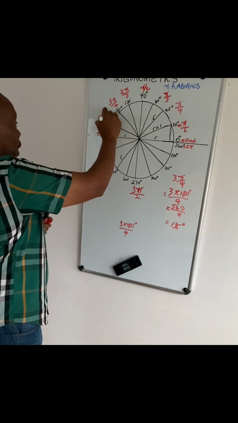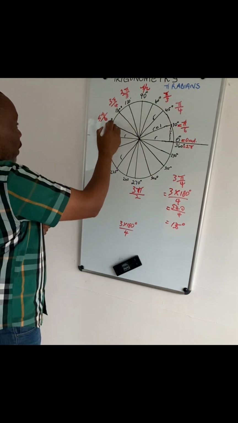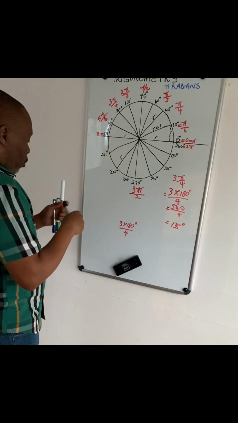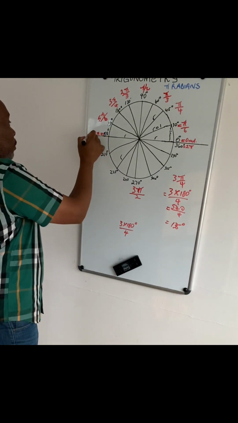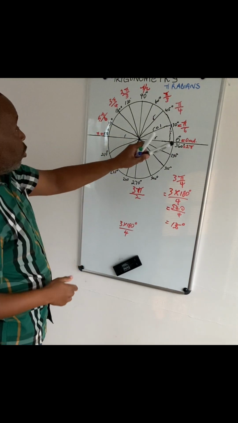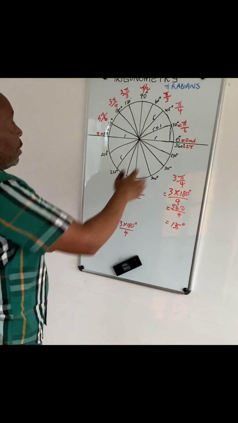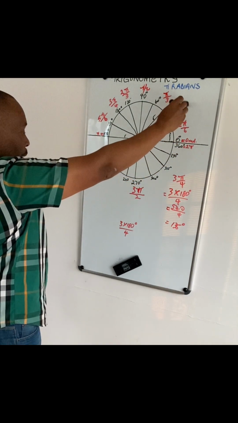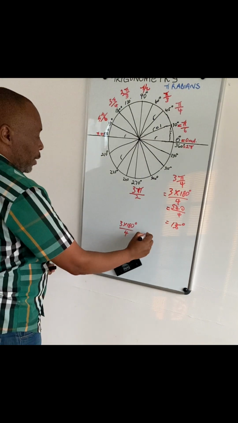So this is 150 degrees, and we already know that pi is equal to 180. So the first part is this: remember, pi is equal to 180.